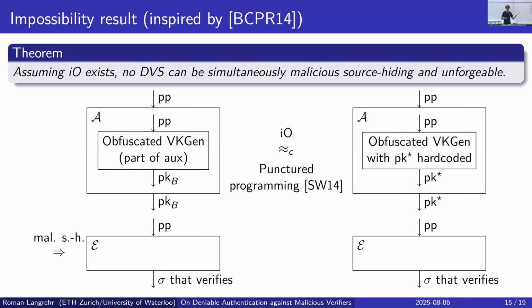This indistinguishability guarantees that now everything should be indistinguishable. So in particular, our extractor still has to output signatures that verify, at least with overwhelming probability, on the right-hand side here. But this means this extractor now has to break unforgeability, because otherwise, this public key pk star here is just some hard-coded public key. There's no real hint we are giving the extractor here.